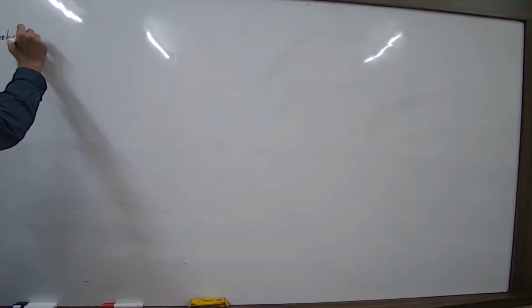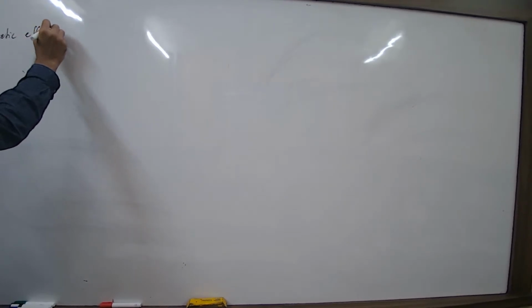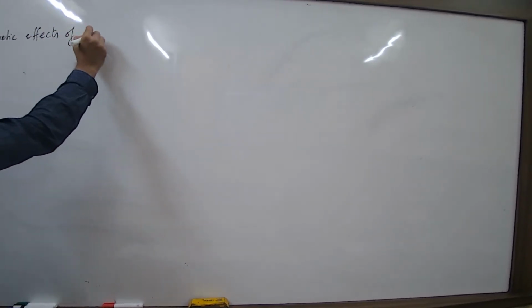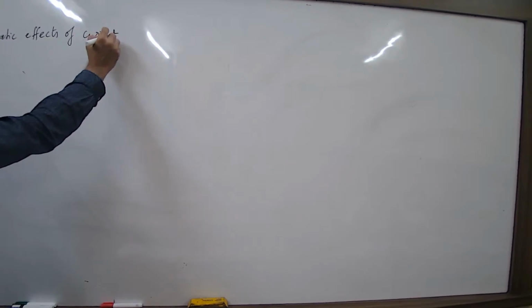Did I cover the magnetic field lines through a circular loop? No. All right, let us quickly cover that. So first of all, we are discussing the magnetic effects of current, right? So everybody knows this, right?